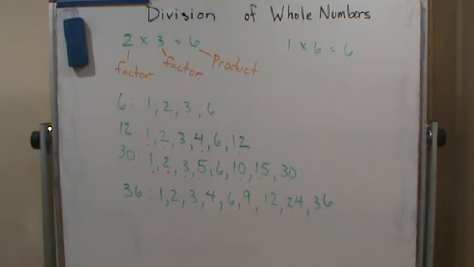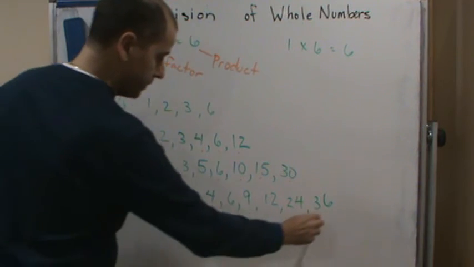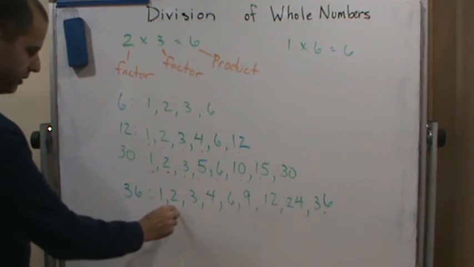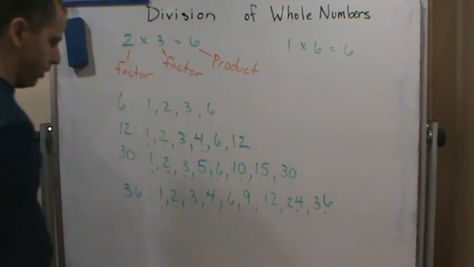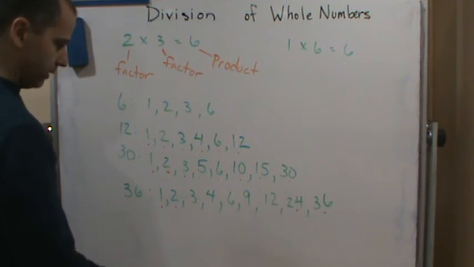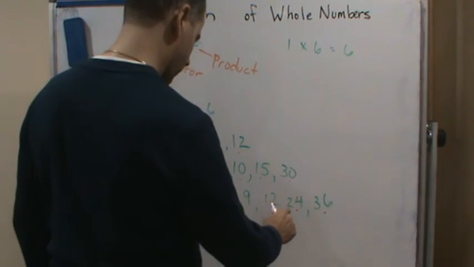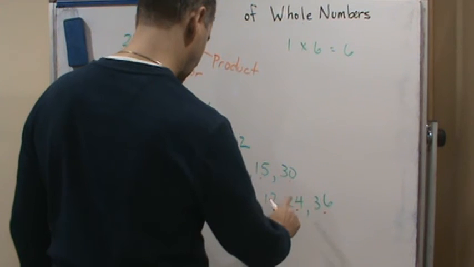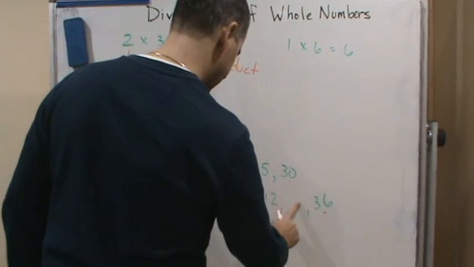Now let's look at these pairs. 1 times 36 is 36. 2 times, oh, I messed up. 18, I'm sorry. This is 18.